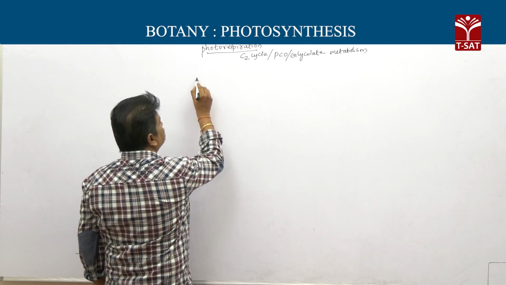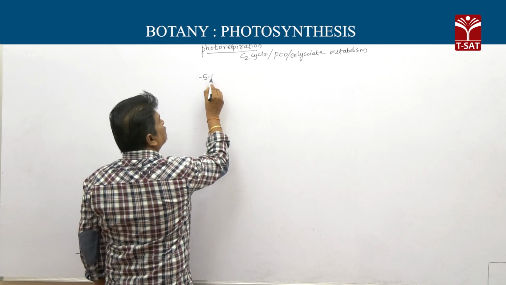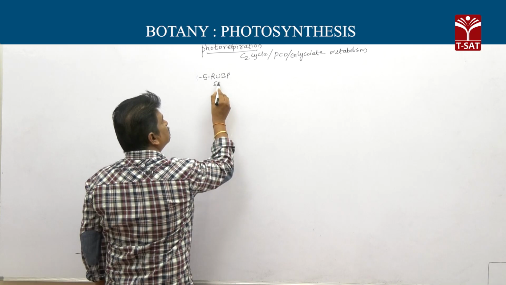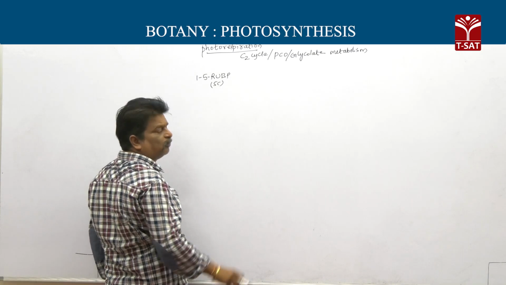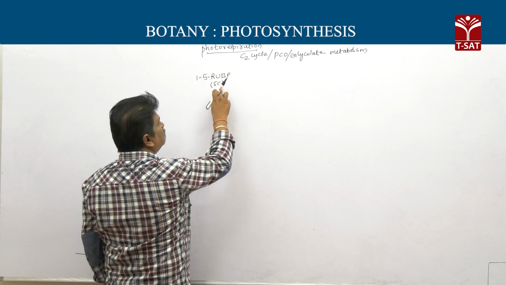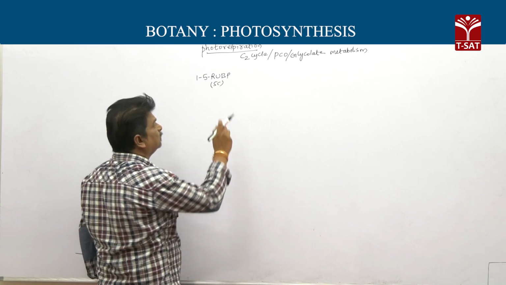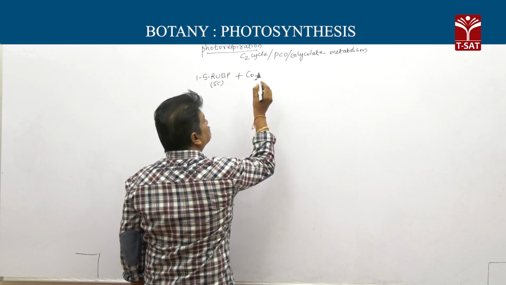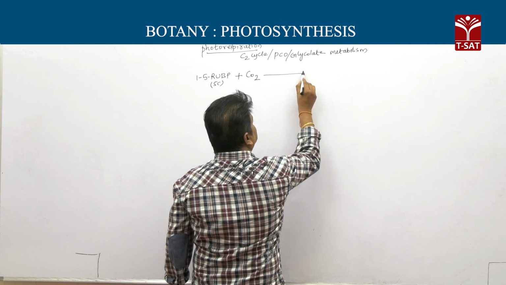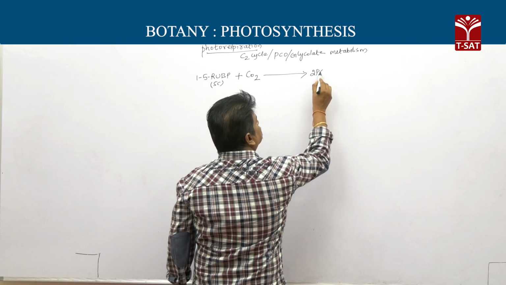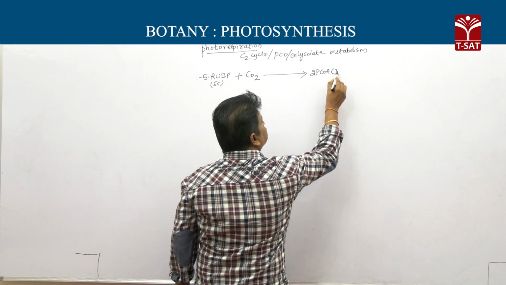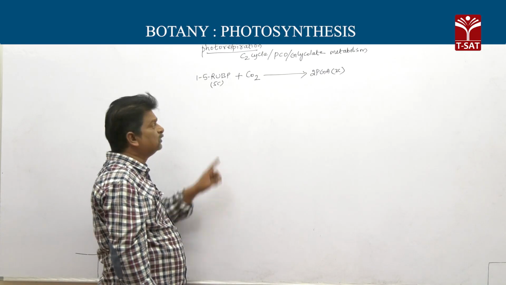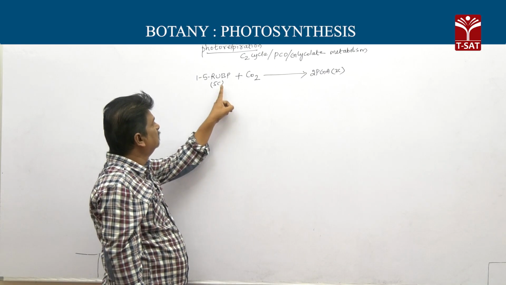Actually, first step in a C3 cycle is carboxylation. Normally 1,5-ribulose bisphosphate, this 5-carbon compound, fixes 1 carbon dioxide and forms 2 molecules of phosphoglyceric acid. So first step is carboxylation.